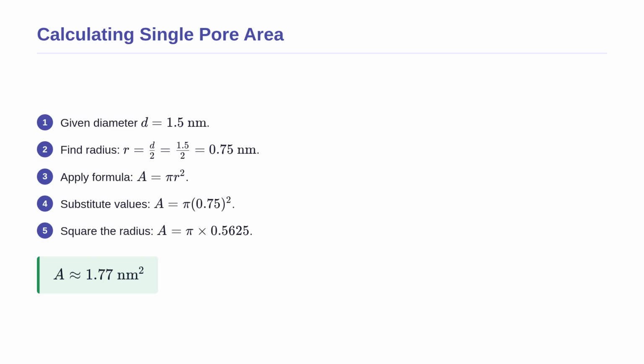Next, we substitute this radius directly into our area equation. We square the 0.75, which gives us 0.5625. Finally, multiplying this by pi yields our result. The final cross-sectional area is approximately 1.77 square nanometers.